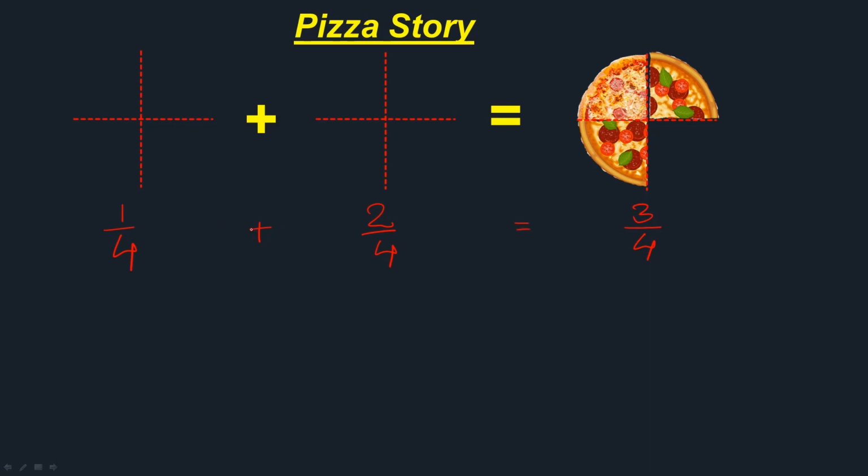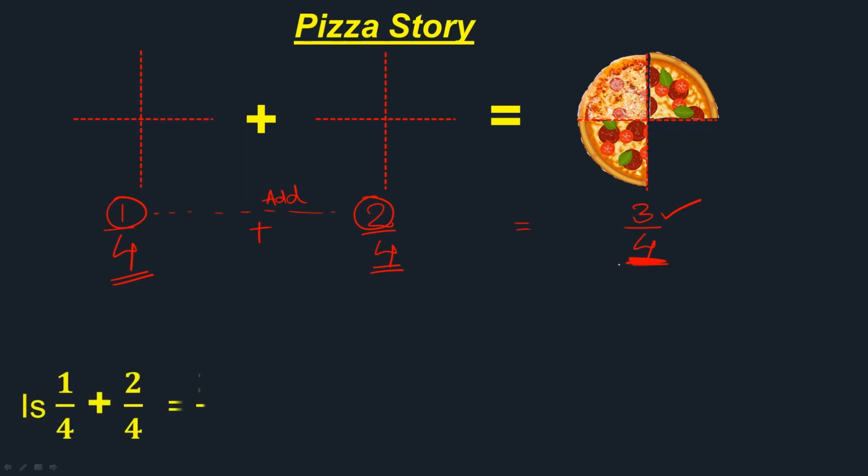Please notice that when I added 1 over 4 plus 2 over 4, 1 and 2 are added to get 3, whereas the denominator 4 and 4 remains the same. We are not combining them.